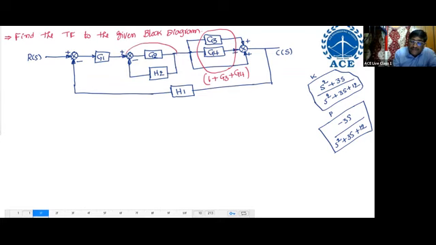So this is a loop. Simplify the loop. How to simplify the loop? Listen, loop simplification is very important. Forward path gain is G2, and the feedback path is H2.